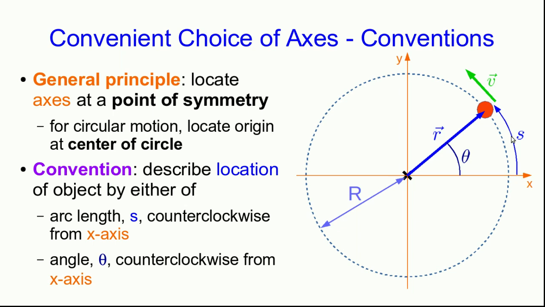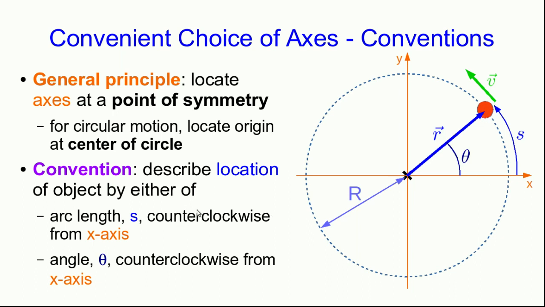So this gives us a variable that we call the arc length, which is just a distance measured along the circle from the x-axis to wherever the object is. Or we can just define the angle counterclockwise from the x-axis where the object is on the circle.